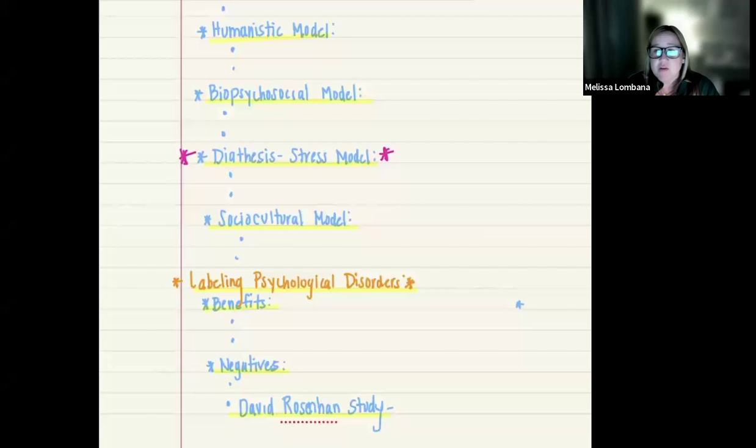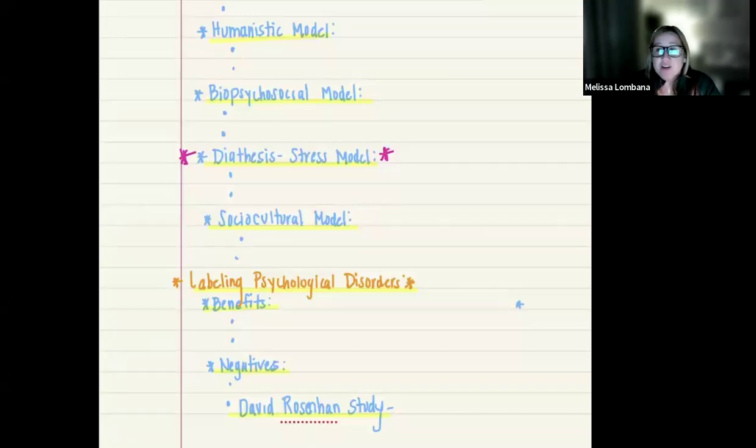So in this model, they believe that both interact with each other, then cause the disorder. Okay, and so what this model says is that people are genetically predisposed to a disorder. And then when they're exposed to environmental stressors, that's what triggers the symptoms of the disorder, right? That they had genetically already been predisposed for.